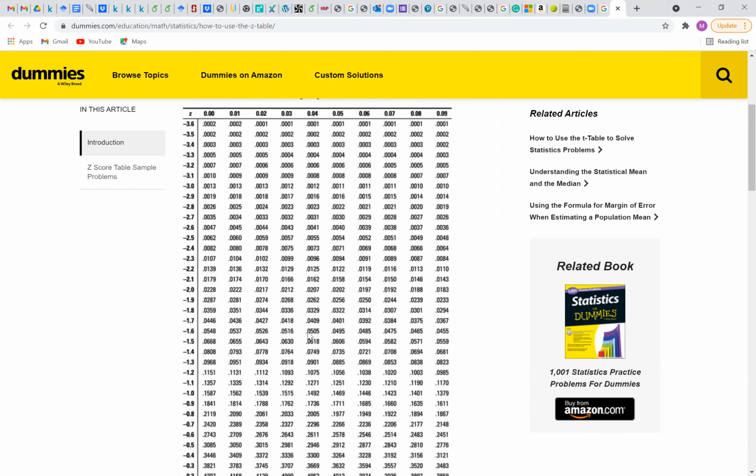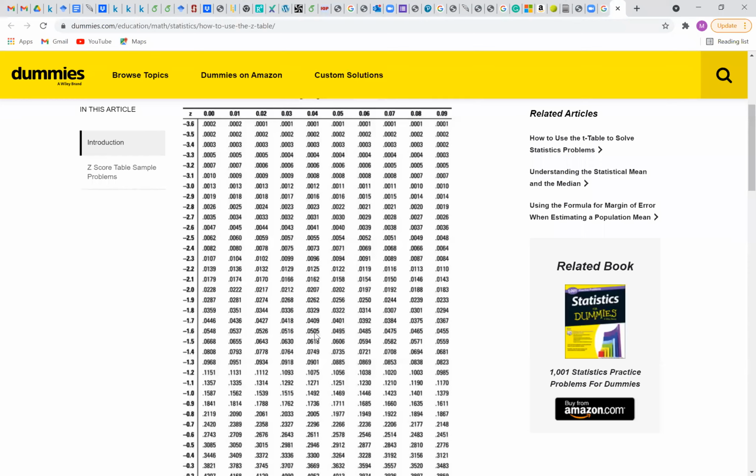This is 0.05 and 0.0495. So 0.05 is in between these two numbers, right? In between 0.0505 and 0.0495. So the corresponding z-score will be negative 1.6, and this is 4 and this is 5.